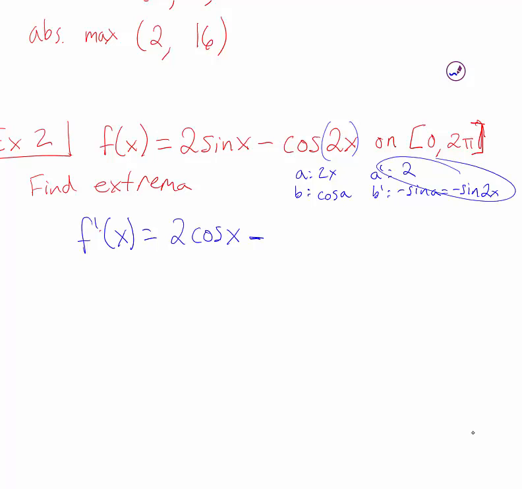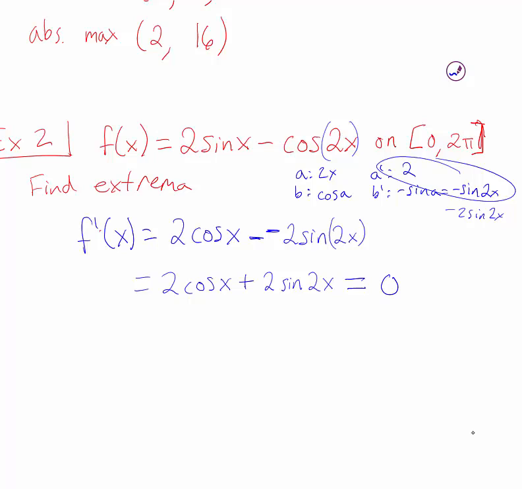We'll multiply those together. So this will be negative 2 sine 2x. So minus negative 2 sine of 2x. And then we'll get 2 cosine of x plus 2 sine of 2x. And we're going to say that that's going to be equal to 0.